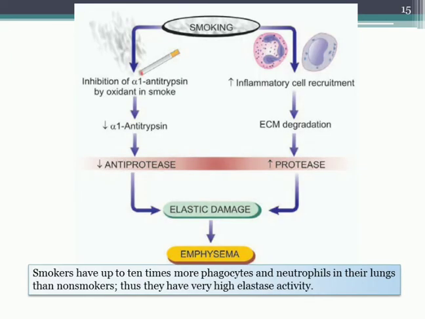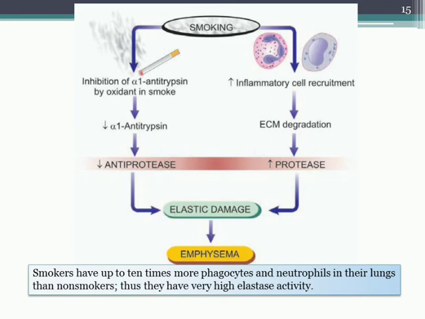So the main culprit behind emphysema is smoking. In smoke, there are so many components which inhibit the alpha-1 antitrypsin enzyme and increase the protease or elastase enzyme. There is an inhibition of alpha-1 antitrypsin enzyme by oxidants in the smoke, and there is increased inflammatory cell recruitment.